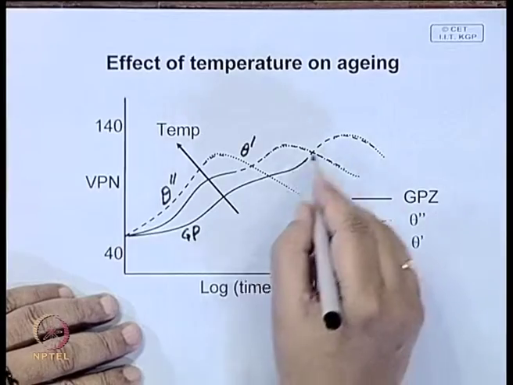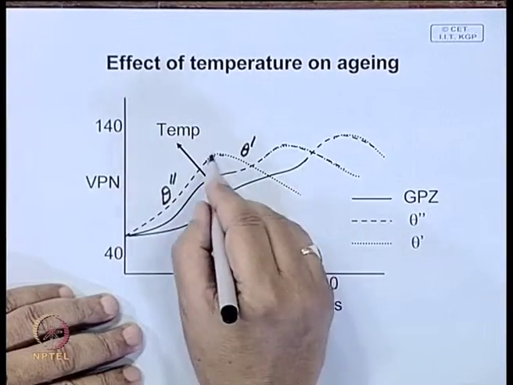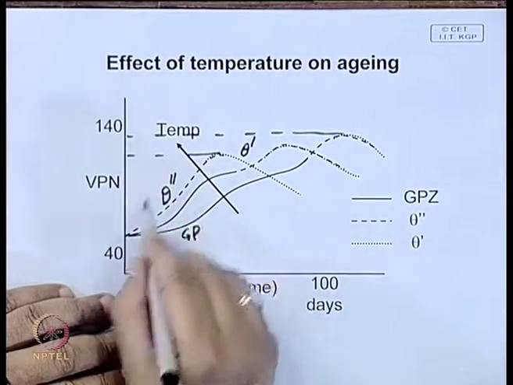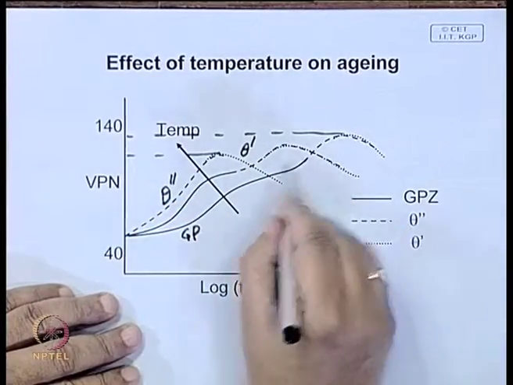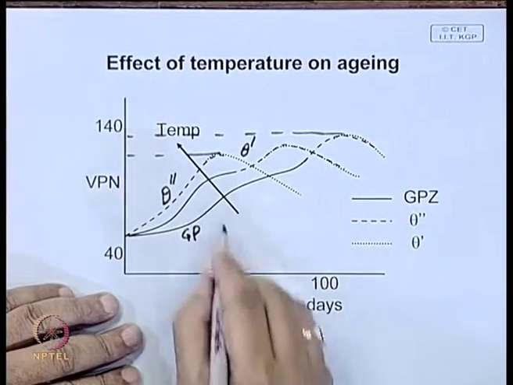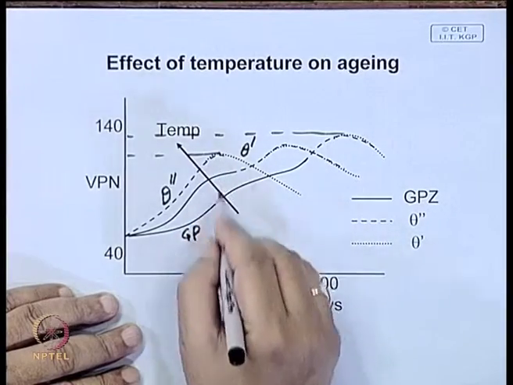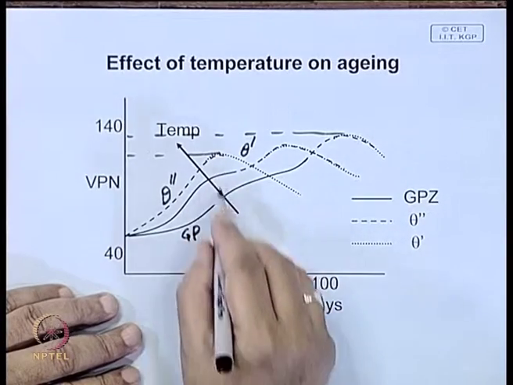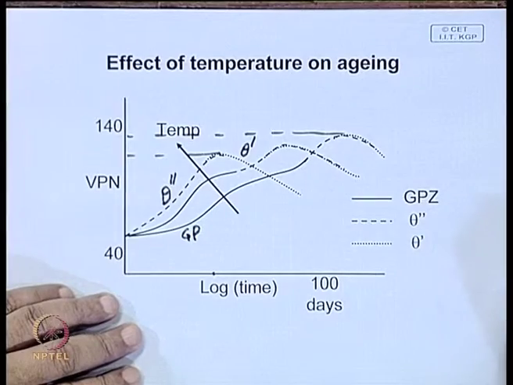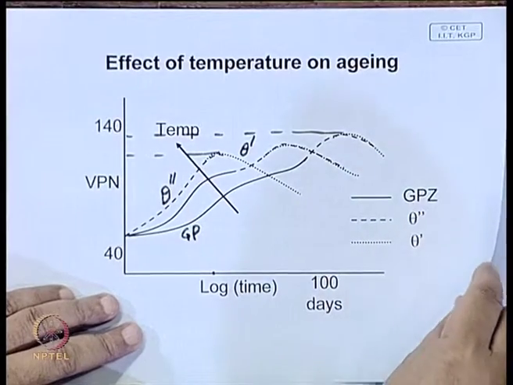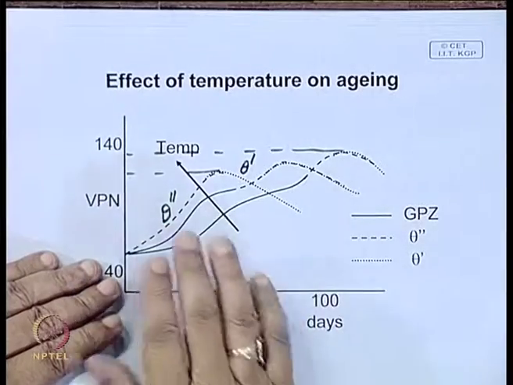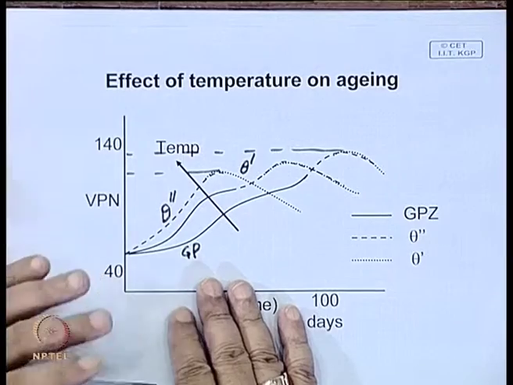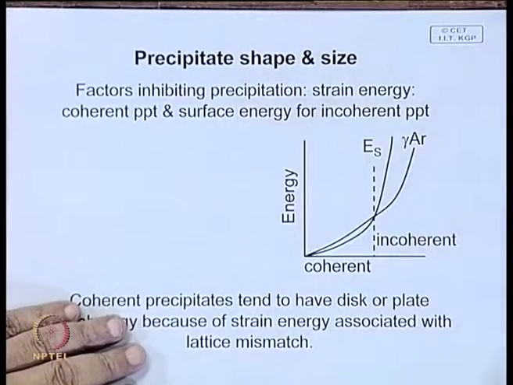And you will also see that the higher the temperature, the peak hardness comes down, and it is attained in a shorter time. So, the process of precipitation is faster, and here it will be difficult to control the precipitation process. Therefore, to get a good amount of strength, the lower aging temperature will be preferable.